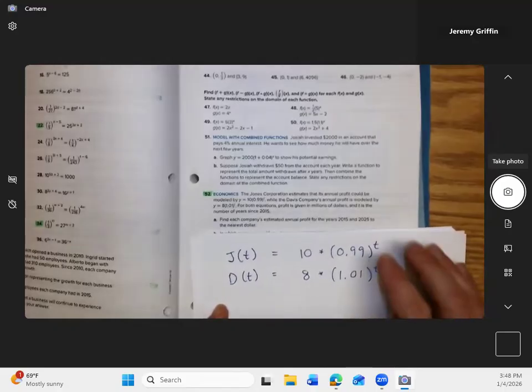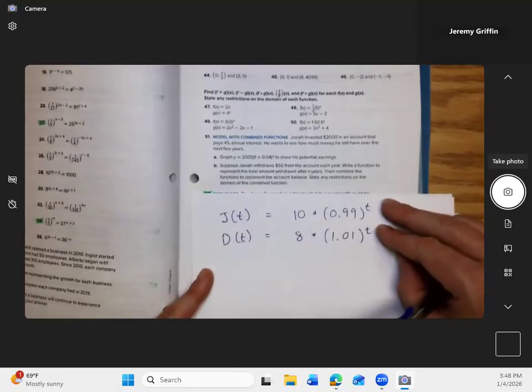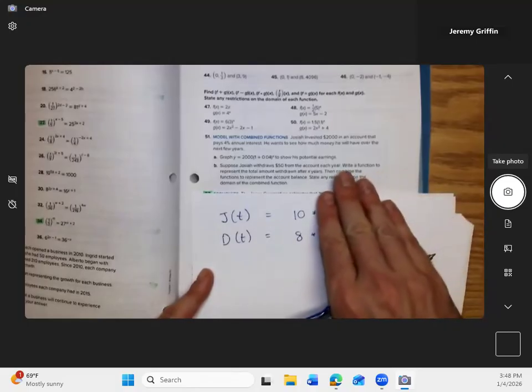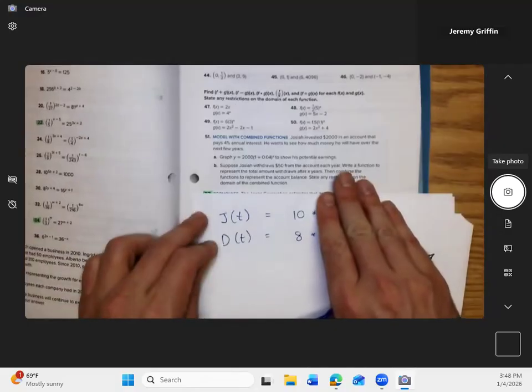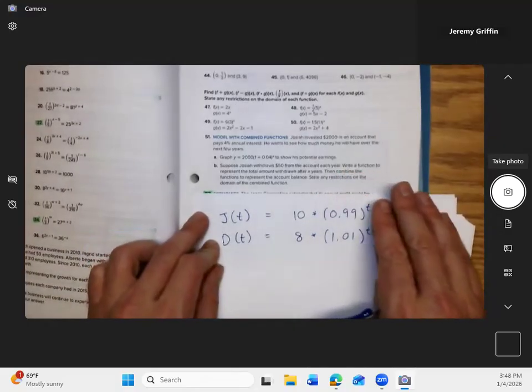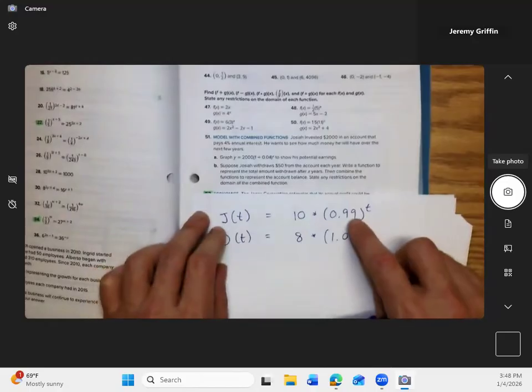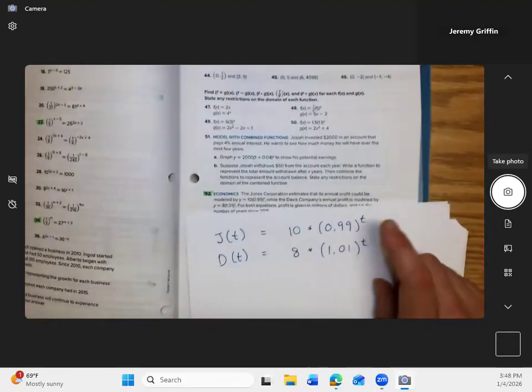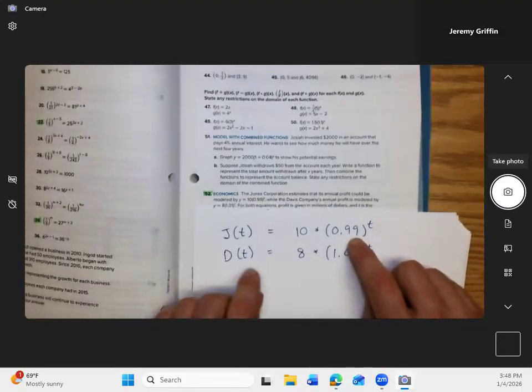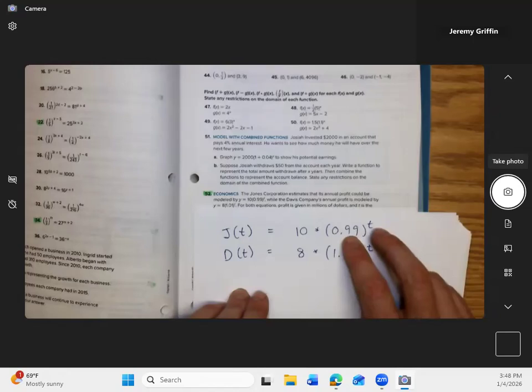In the base year of 2015, time is equal to 0, so the exponent part goes away. Jones is worth 10 million and Davis is worth 8 million, so Jones is worth a little bit more. But something is funny about these growth rates. For Jones, it's 0.99, a tiny bit less than 1. That means as more time passes, Jones's profit is actually shrinking.